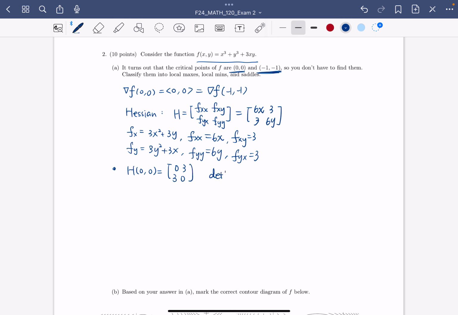Then we compute its determinant, which is 0 times 0 minus 3 times 3. So this equals minus 9. Because this is negative, it tells you that (0, 0) is a saddle.